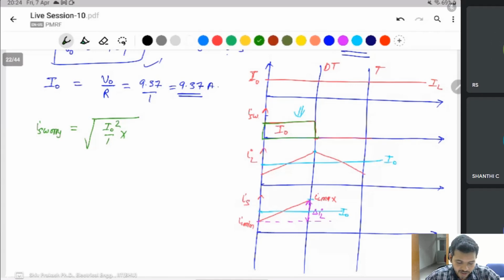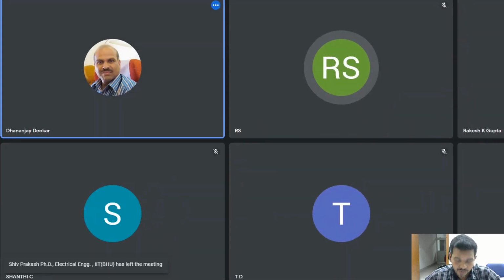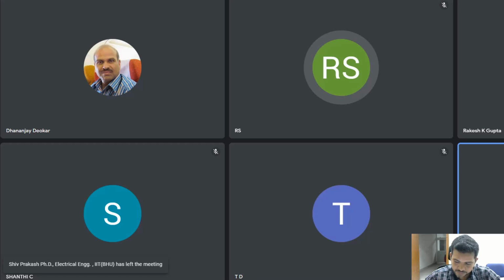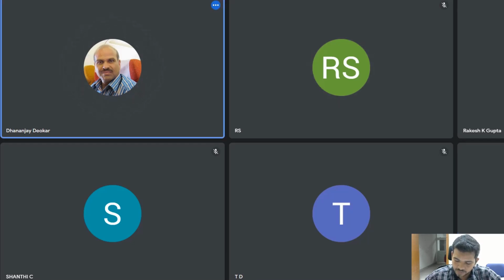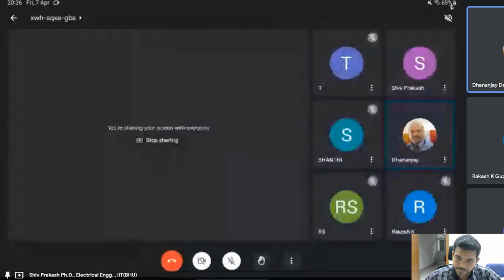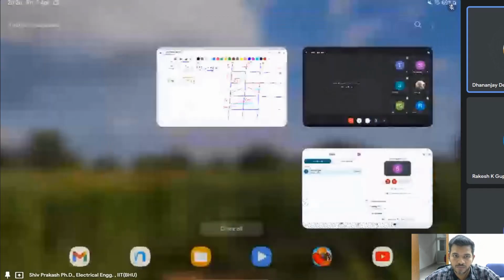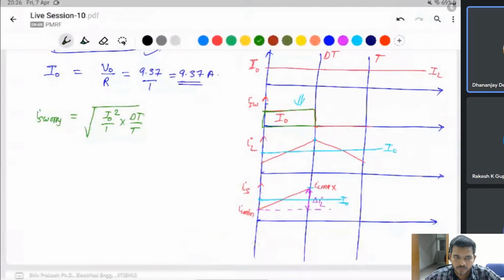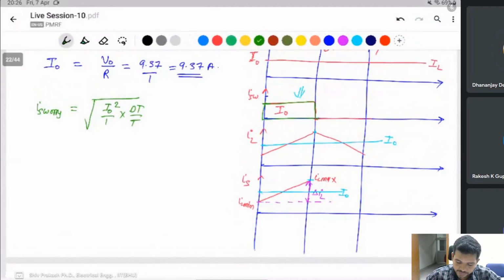Then I naught you can calculate here, I naught times root of the dt ratio, is the switch RMS current.